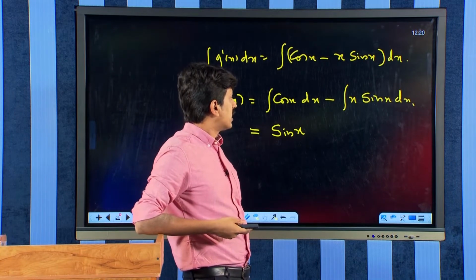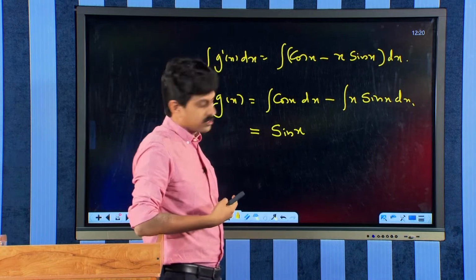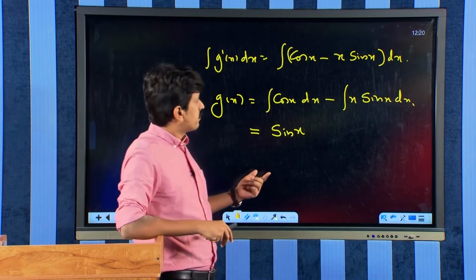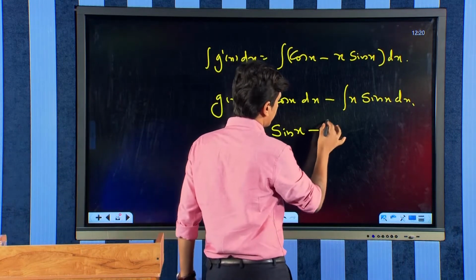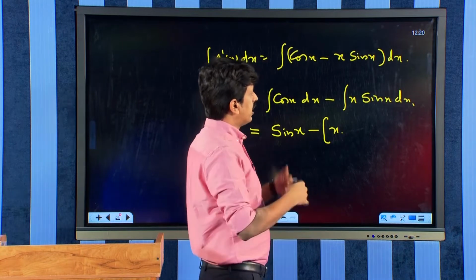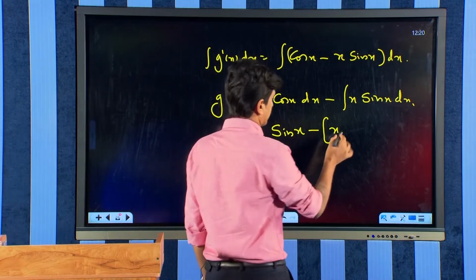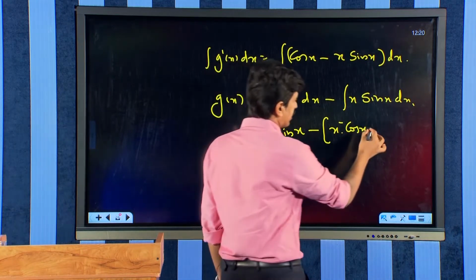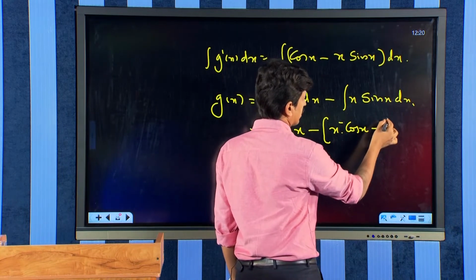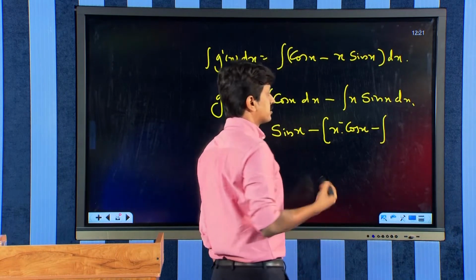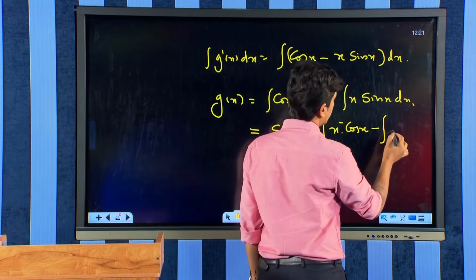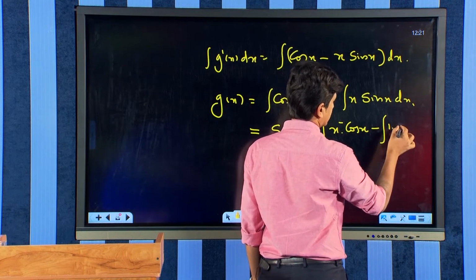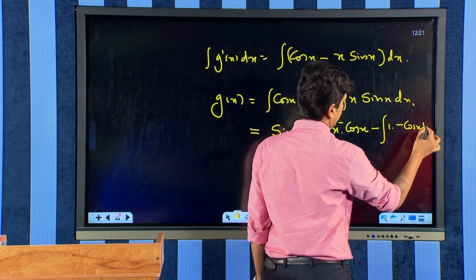We can write the integral of x sin x using integration by parts: first function x into the integral of the second, sin x, that is minus cos x, minus the integral of the derivative of the first function, 1, into the integral of sin x, that is minus cos x dx.